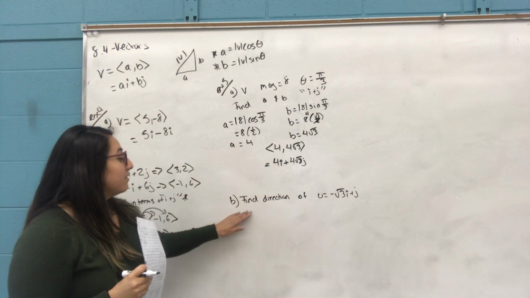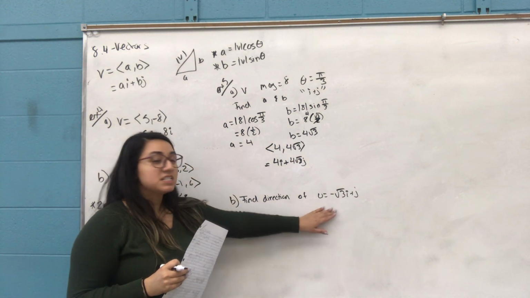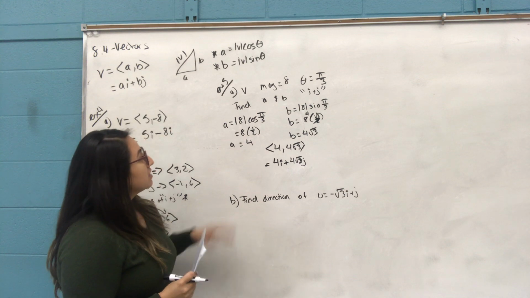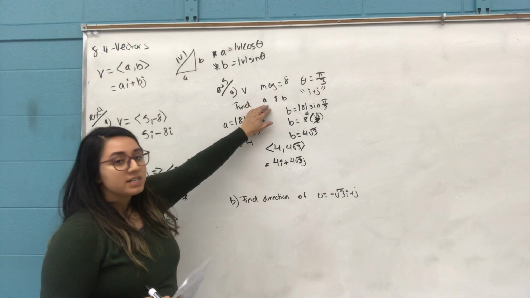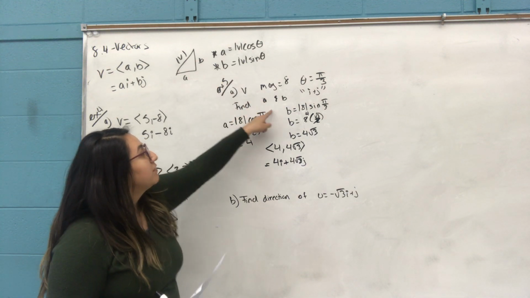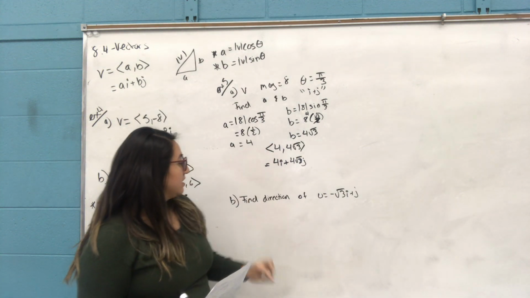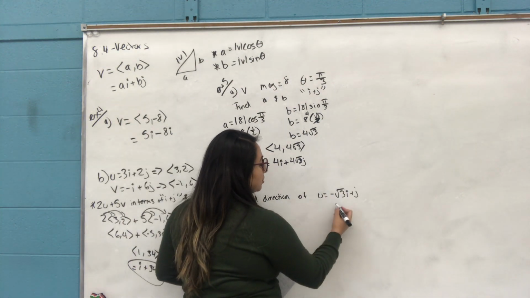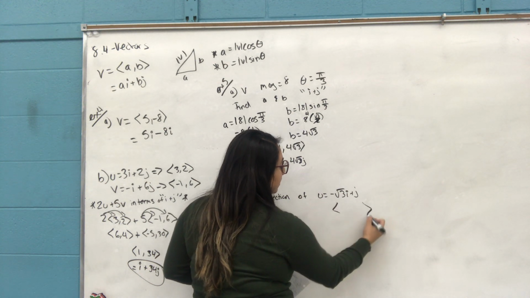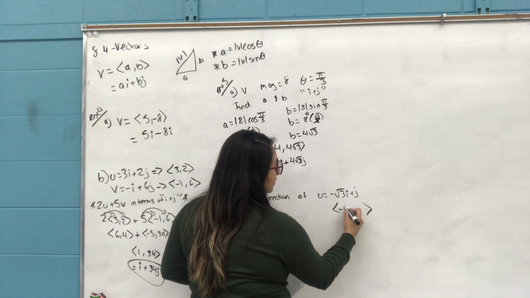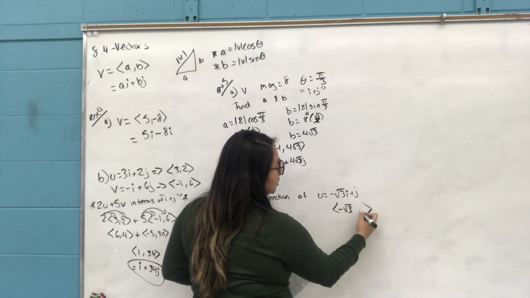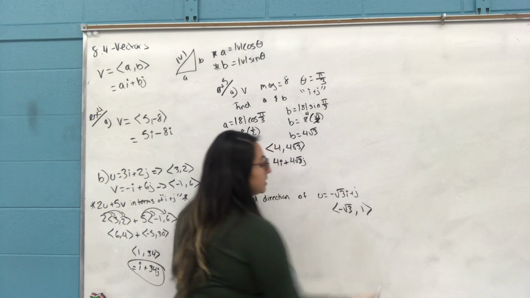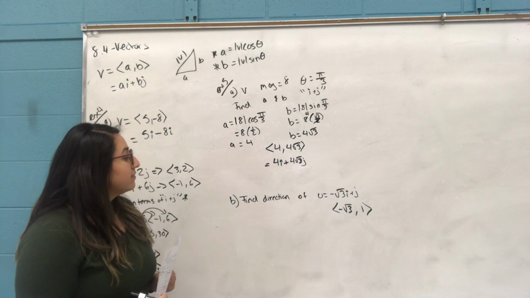So here we have find the direction of this vector. So now instead of finding the horizontal and vertical line, we're actually finding the argument. So here it says find the direction of the vector. So here, for vector u, I can put it in terms of a vector. I can do <negative radical 3, 1>. It says plus j, so that means it's going to be a 1. So we're trying to find the argument.